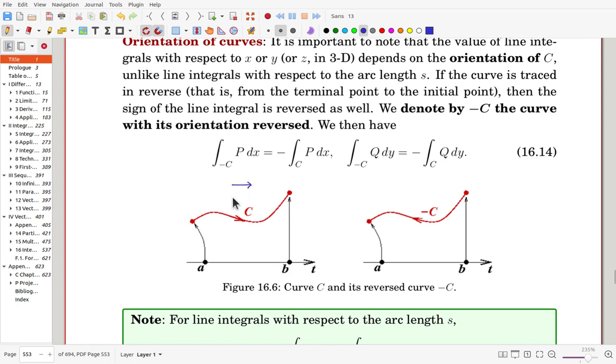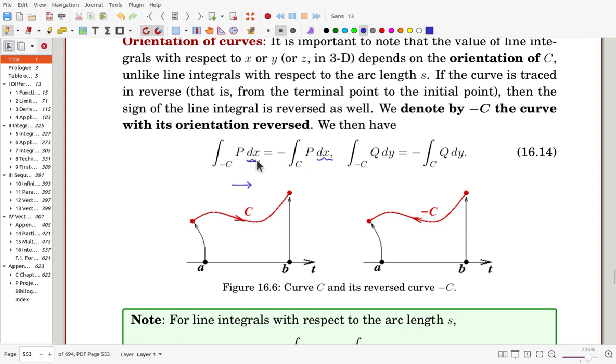And in this case, if you're moving this way, in the x positive direction, then dx will be positive. But once you are moving this way, then dx in the Riemann sum, delta x, is negative. The x change is negative.